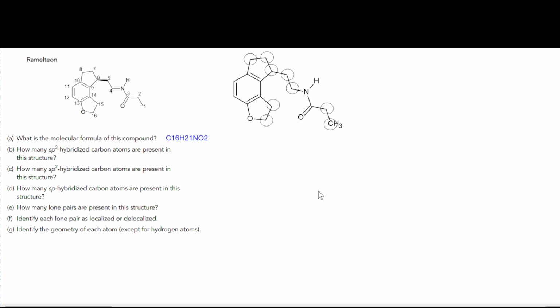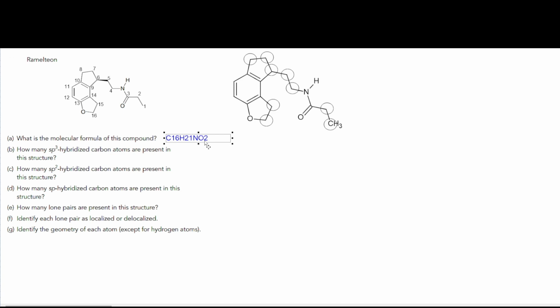So all the sp3 carbons are circled here. How do we determine what is an sp3 hybridized carbon? A carbon that is not double bonded or triple bonded can be considered sp3 hybridized. Remember, the carbon should not have any charge, negative or positive, because that will change the entire scenario.